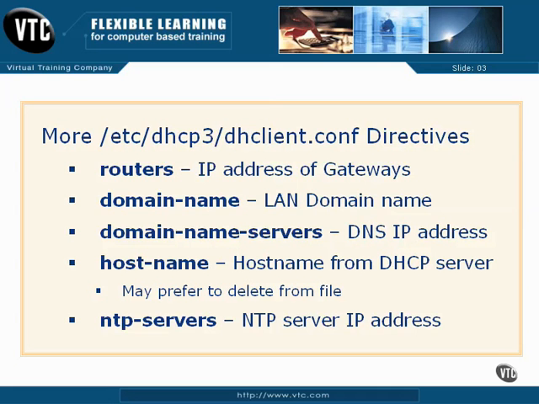Finally, the NTP servers directive looks for IP addresses of available Network Time Protocol servers. If you want to configure access to an NTP server, that server should either be on a local network or at least someplace close to the local network to minimize the effect of transmission delays.